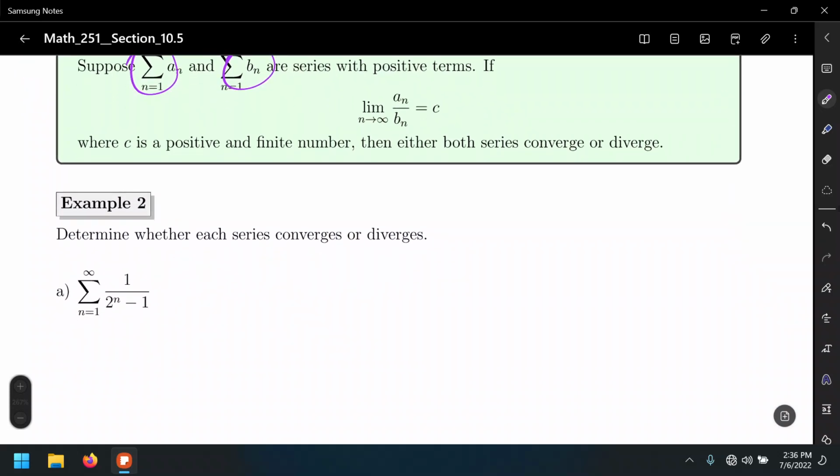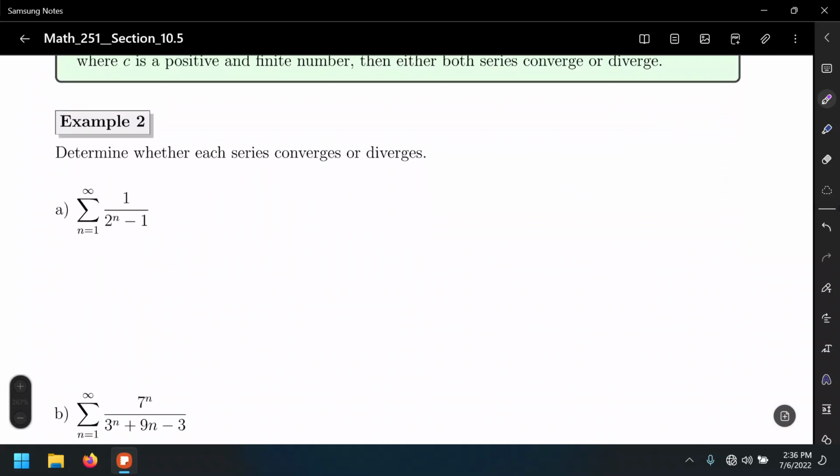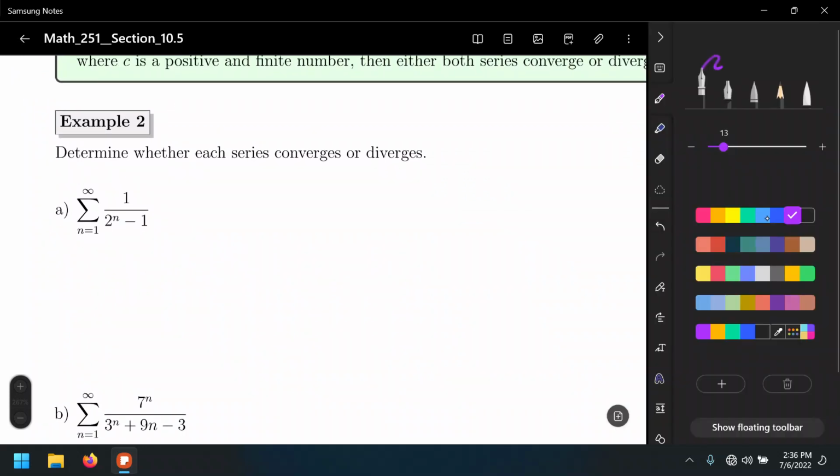Let's determine whether each series converges or diverges. Let's compare with sigma n equals 1 to infinity, 1 over 2 to the n.